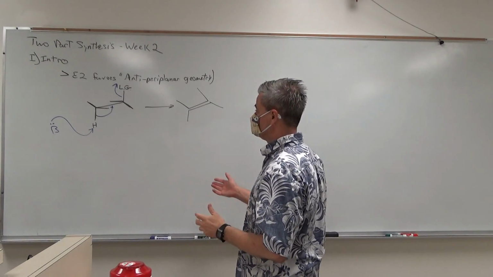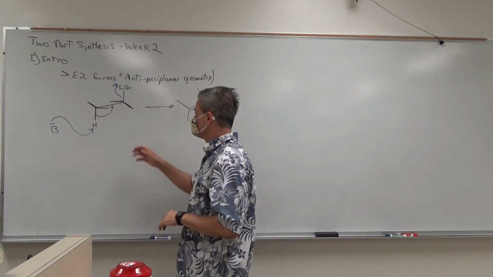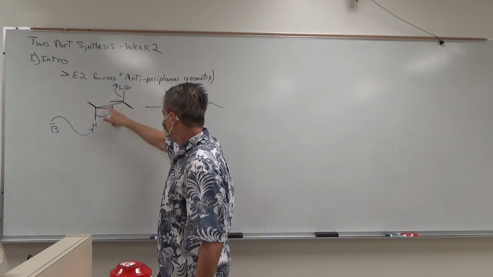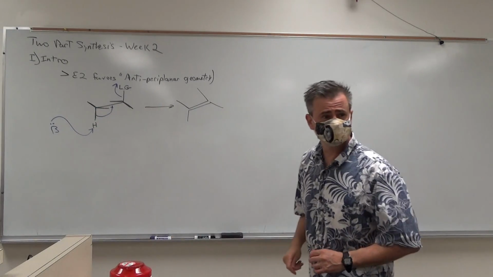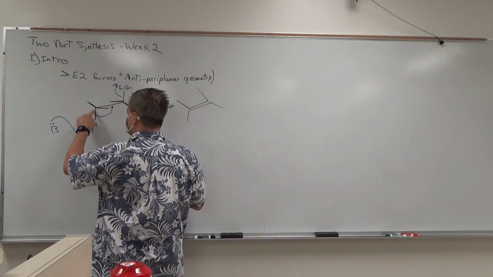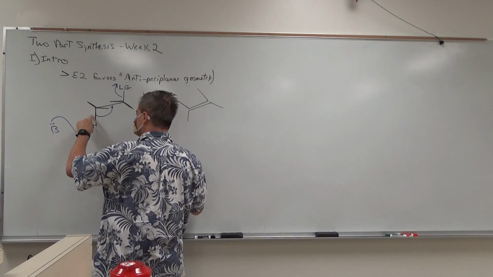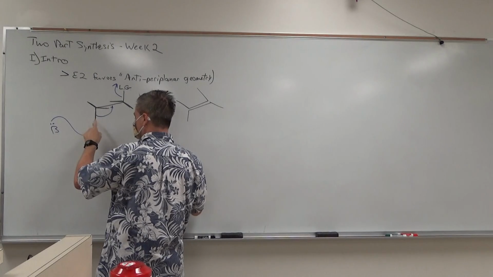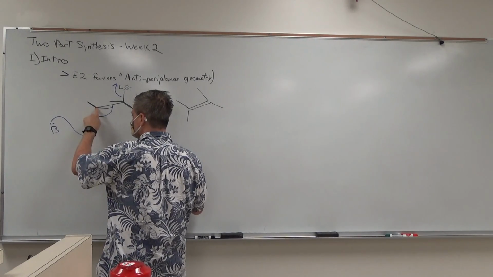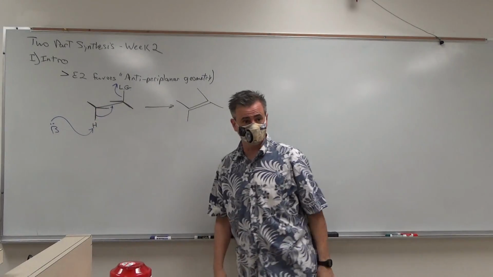Now, why is that? They want to be in the same plane because of what they're doing. Those carbons are going to rehybridize to sp2. The orbital this carbon is using, which overlaps the proton's s orbital, is an sp3 orbital.